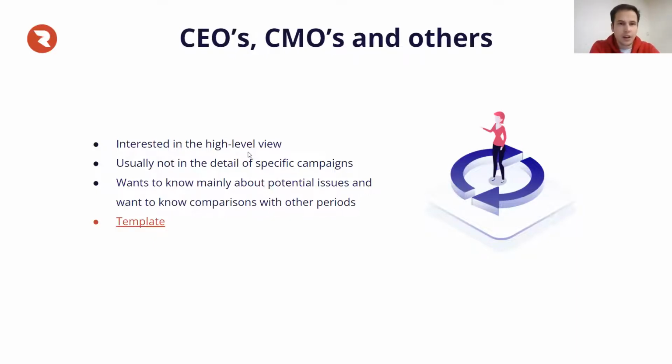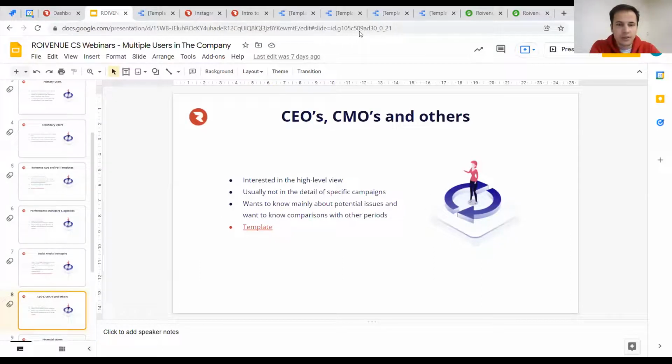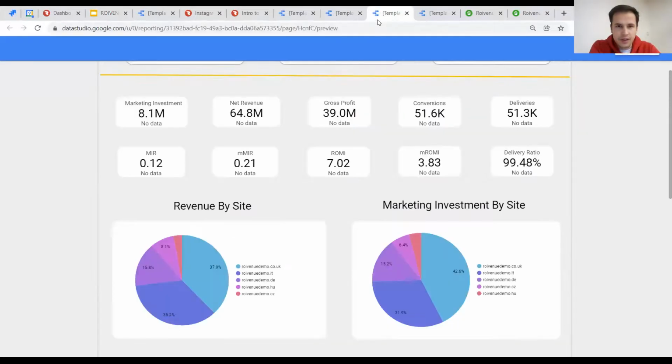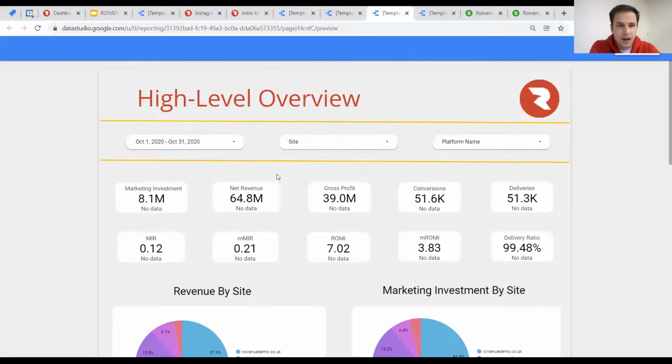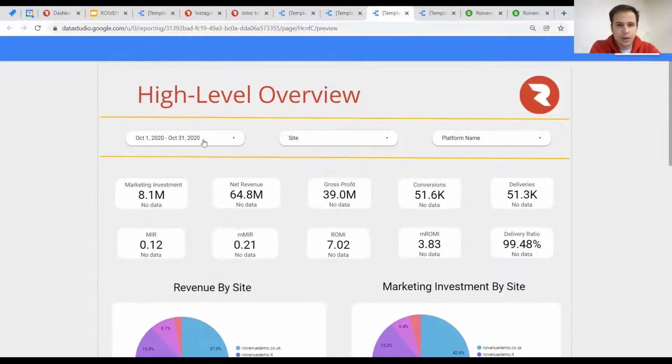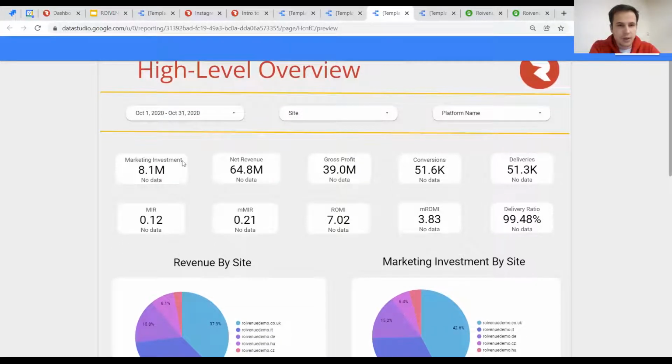So very often your CEO or CMO in bigger companies can be asking you, okay, what was the performance of this or that or something else. And for that, we have the high-level overview here. You can set up a period, site, and platform, and you will see the comparisons.